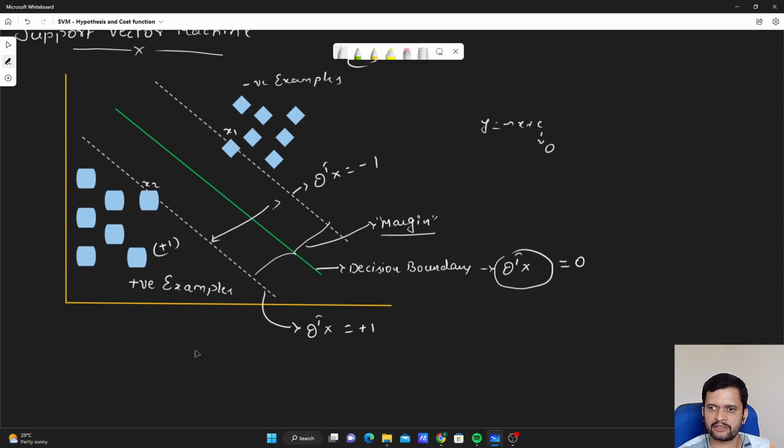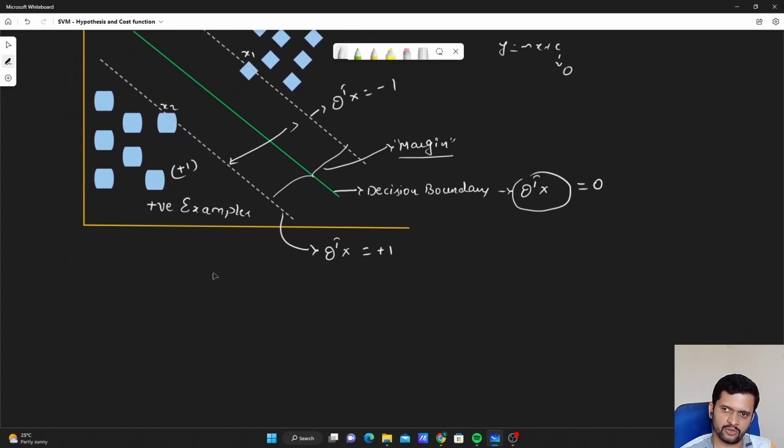So how do we calculate the distance? This is x1 because this support vector is x1, and this is x2 because this support vector is x2. Theta transpose x1 is equal to -1 and theta transpose x2 is equal to +1.